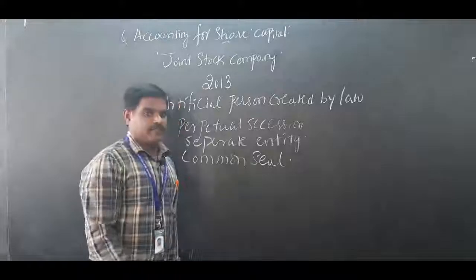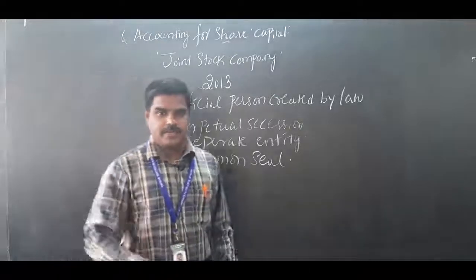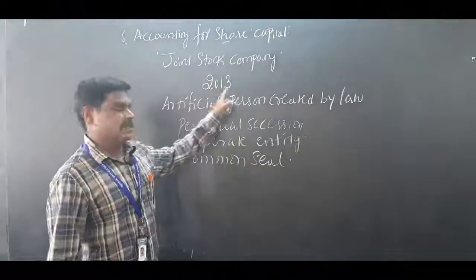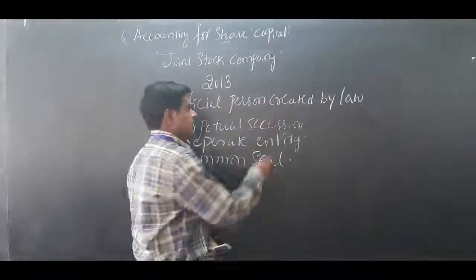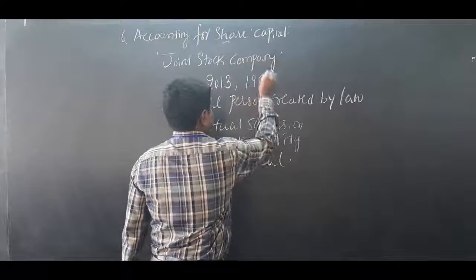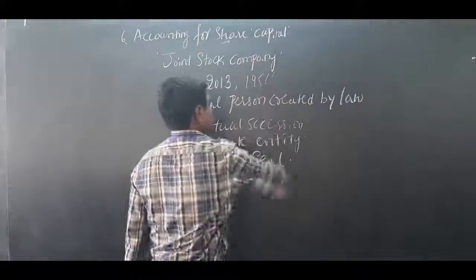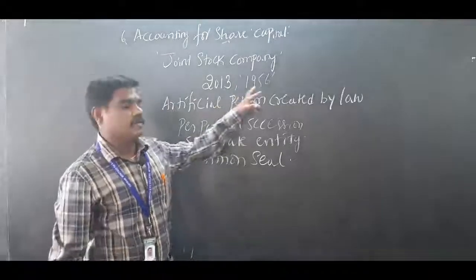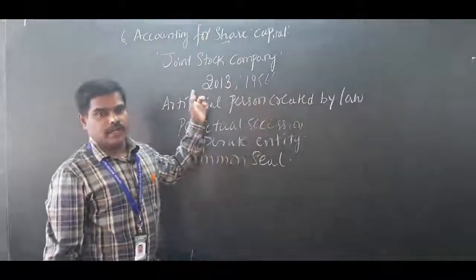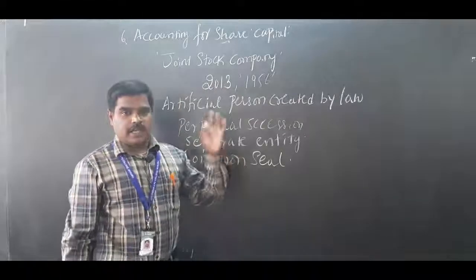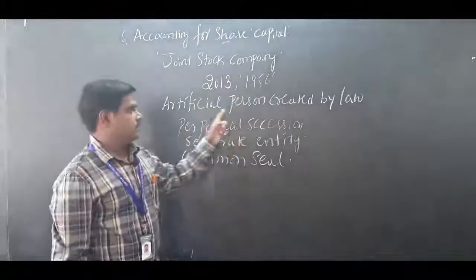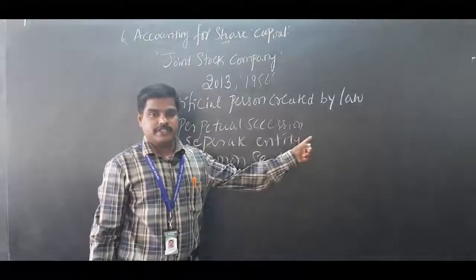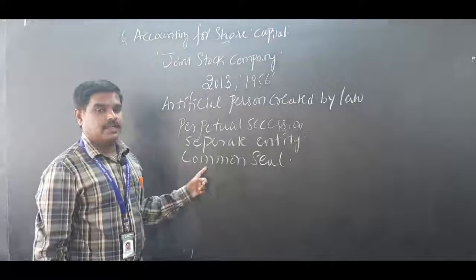First PUC had one definition of joint stock company. The company should be registered under the Companies Act of 2013 or earlier it was 1956. Any company registered under the Companies Act of 1956 earlier or now the recent amendment 2013, should be an artificial person created by law, having perpetual succession, separate entity and common seal.